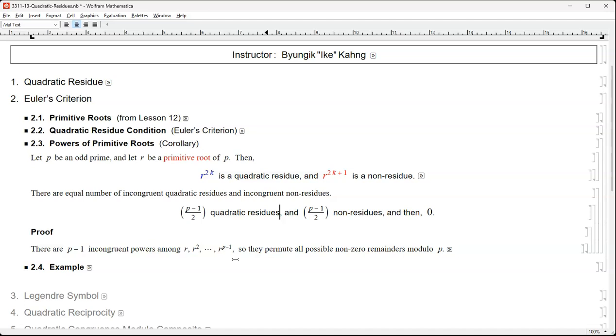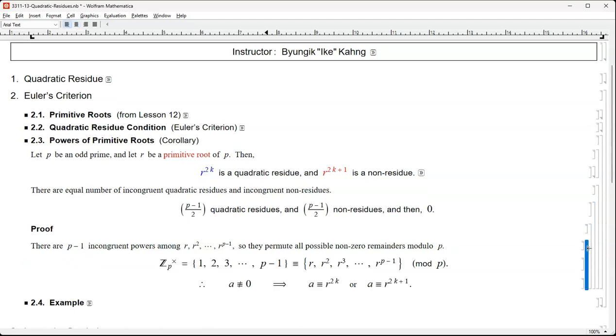And among them, even powers are quadratic residues and odd powers are quadratic non-residues. There are total p minus 1 of them. So half of them are quadratic residues and the other half are quadratic non-residues. And then there is 0, so half of p minus 1, the other half of p minus 1, and then plus 1 add up to p.